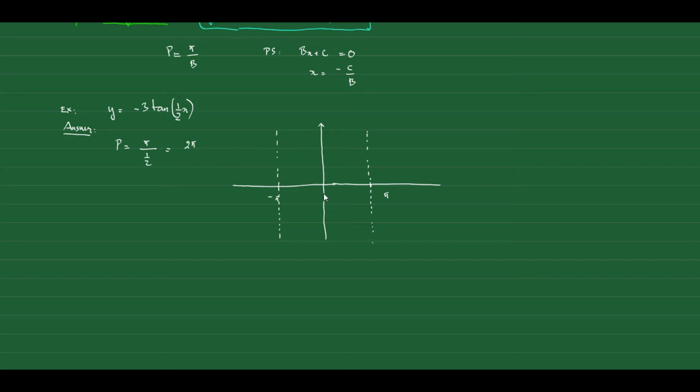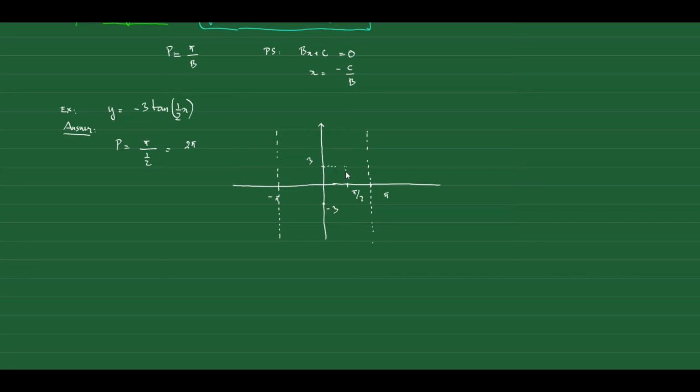So I'm going to grab this axis. Let's put 3 over here, so -3 here and 3 here. We're going to have pi over 2 right over here. So x equals pi over 2, right? Then pi over 2 times 1/2 will be pi over 4, and the tangent value will be -1 and 1.